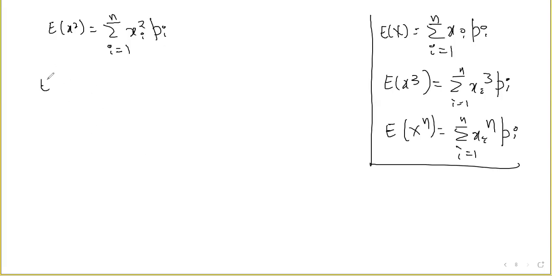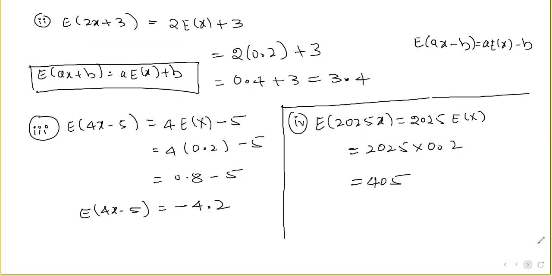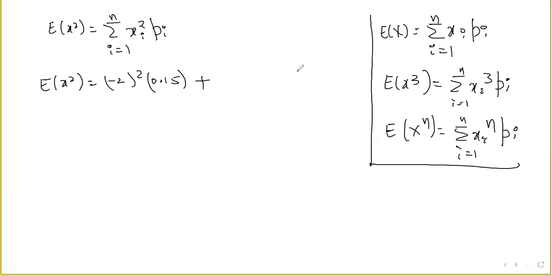So now, expected value of x square. What is the meaning of this? Summation of x squared into p_i means the first term x_i is minus 2, its square, into its probability, that is 0.15, plus the next, its square multiplied by its probability. Clear?